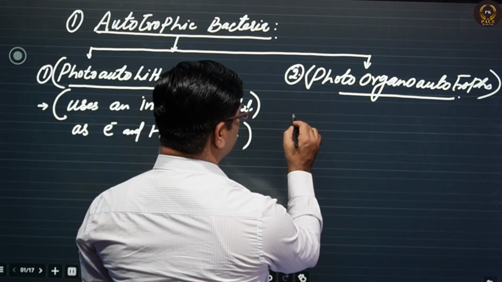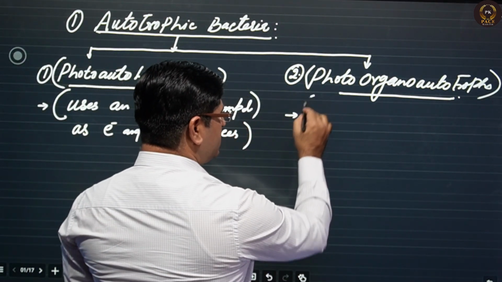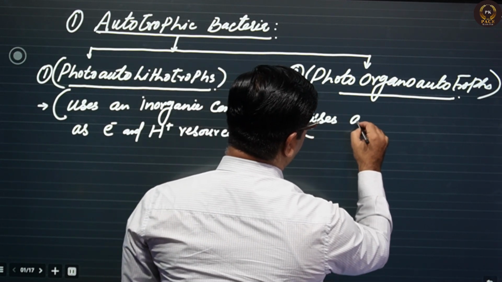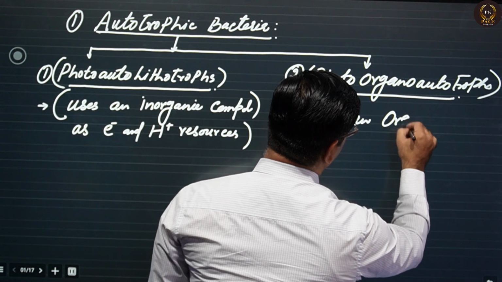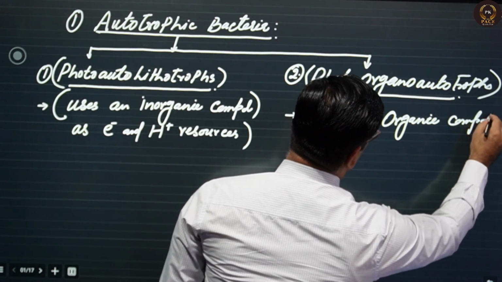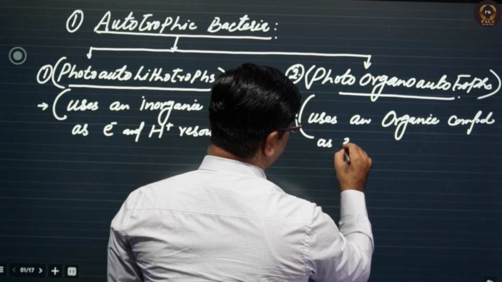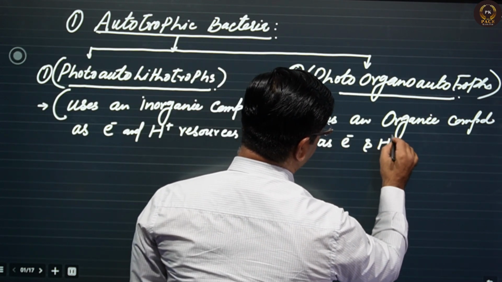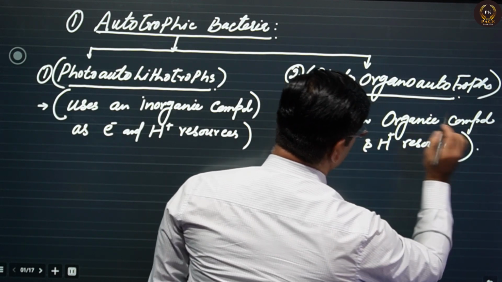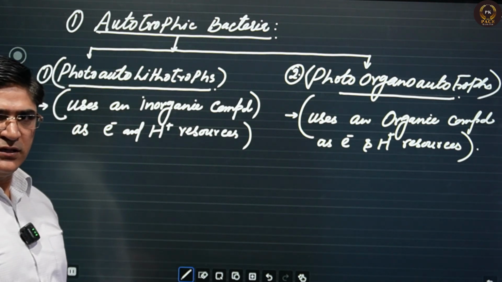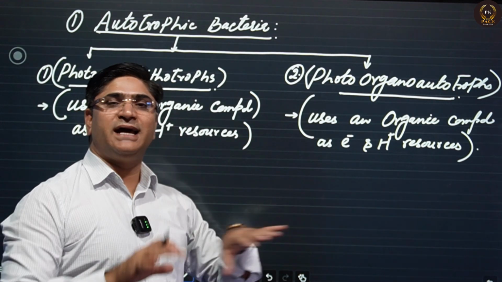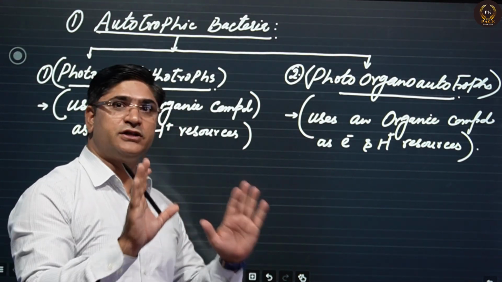And photoorganoautotrophs are the bacteria which use an organic compound as the electron and proton source.